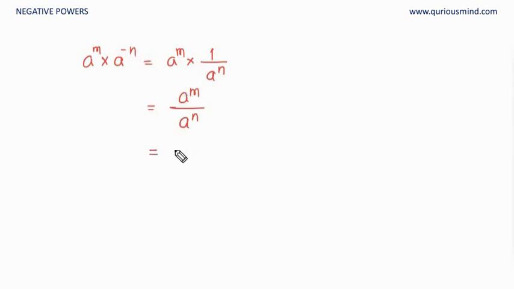And we know when we have division, it is a raised to m minus n. But m minus n is the same as m plus minus n. So it is the same as a raised to m plus minus n.